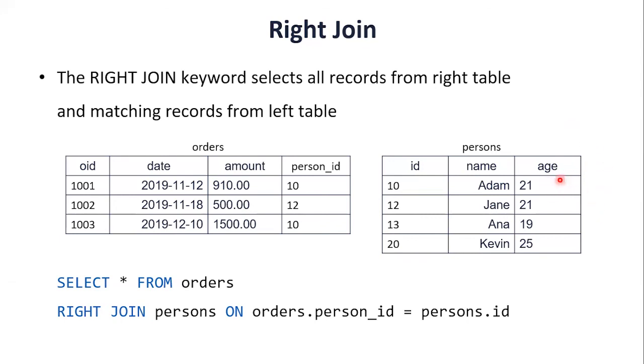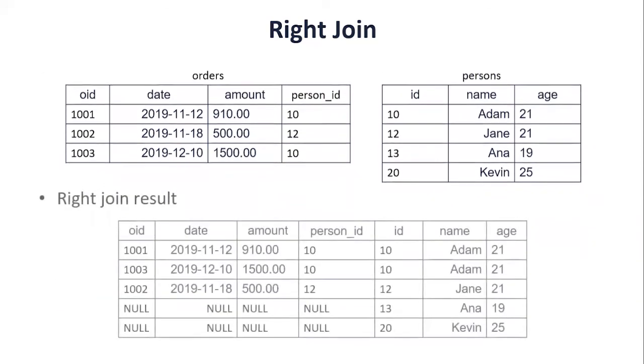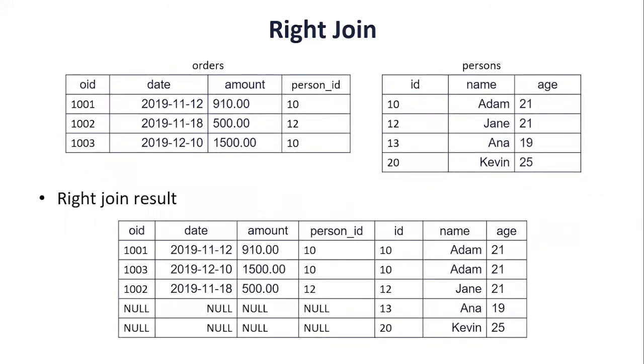And if there are matching values for this person ID and ID, they will be joined here. All the values from this one, plus it will be joined to this left side. So the result would be something like this.